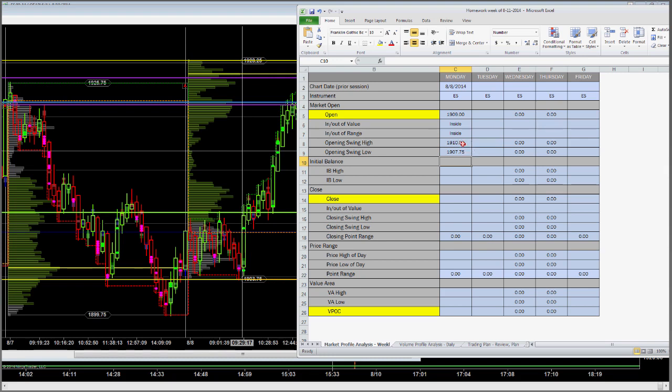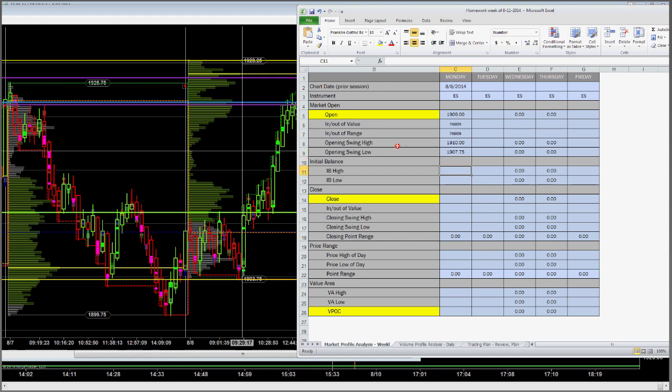I believe people should get very intimate with whatever instruments they're trading. A normal opening swing on the ES is anywhere between 2 and 3 points. So if I get an opening swing on the ES that's 4 or 5 points, something's different. It alerts me to either sit on my hands and be careful, or that we may have a very early breakaway.